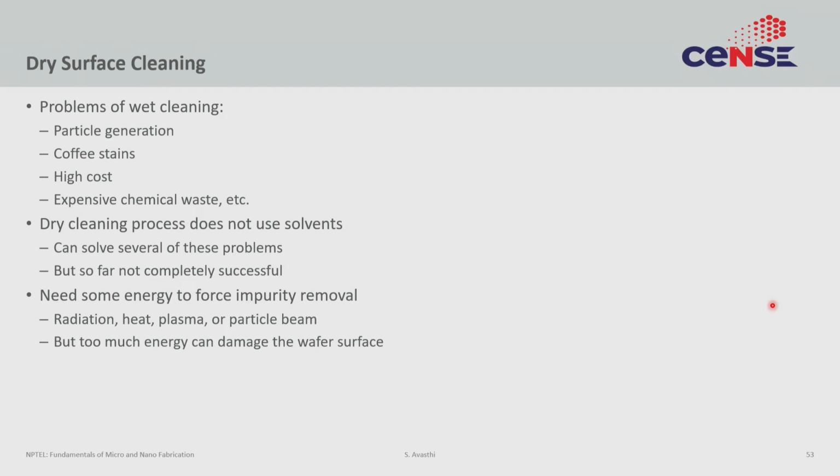So handling these large amounts of acids and bases and hydrofluoric acids is very expensive. So dry cleaning tries to solve all those problems by completely getting rid of liquids and using gases, etc. But so far it has not been as successful in getting effective cleans. It is used in certain niche areas, and that is what we are going to discuss. But by and large, for critical processes, wet cleaning is still the way to go.